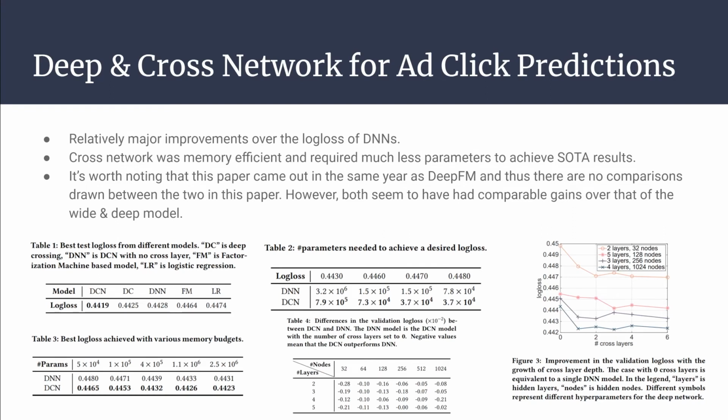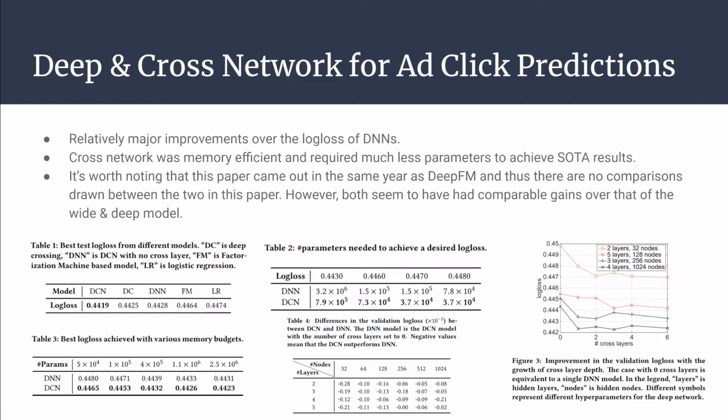So in terms of results, I guess the first place to start would be with table 1. You can see the deep cross network in comparison to a deep neural network or a factorization machine or a logistic regression, all typical approaches to recommendation systems as we talked about before. The log loss of the deep cross network was much better than the rest.